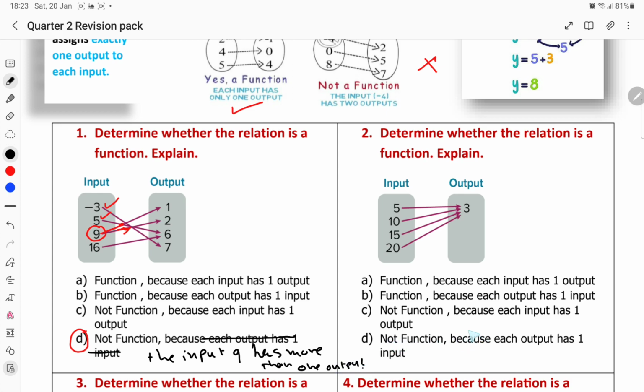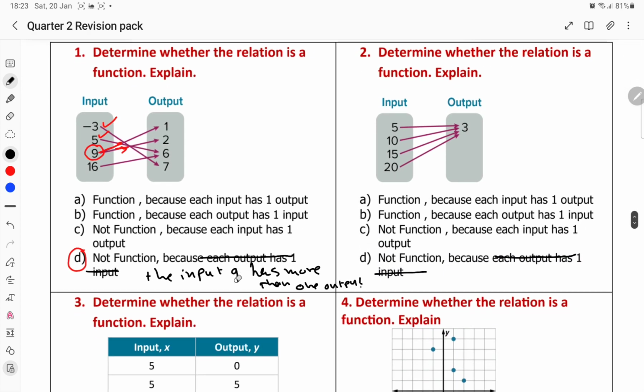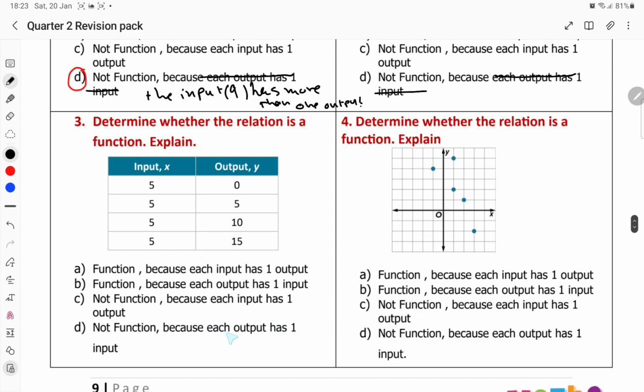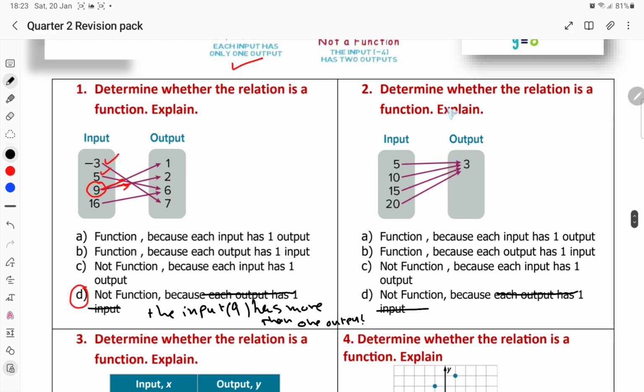We will do the same idea for all the choices: not a function because the input, whatever the input, here the input was 9, has more than one output. We will fix this in all the questions. Okay, very good. So question 2, determine whether this relation is a function or not. Take care. The input 5 has one output, one output, one output, one output. So it is a function because each one of the inputs has one output.